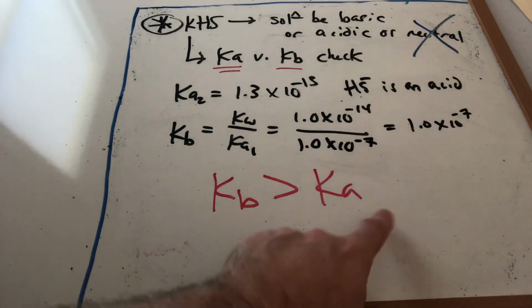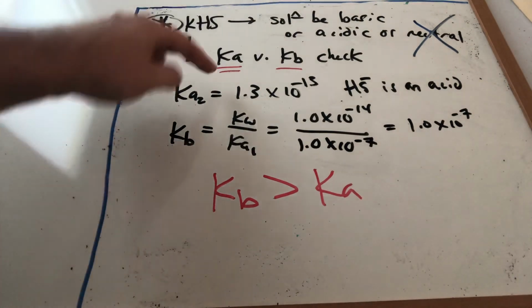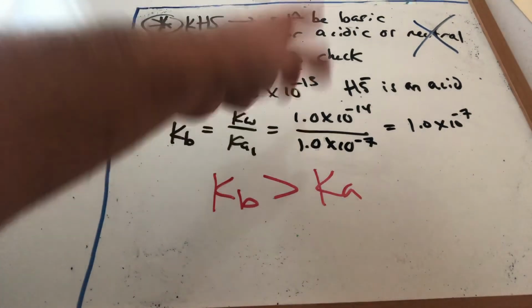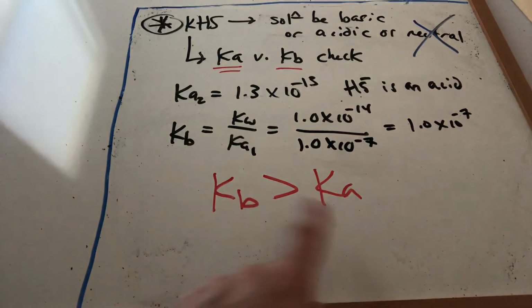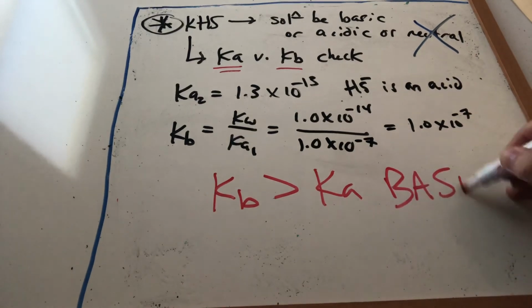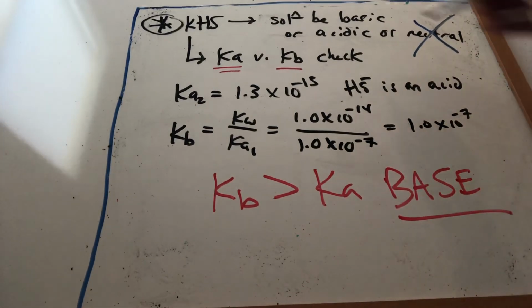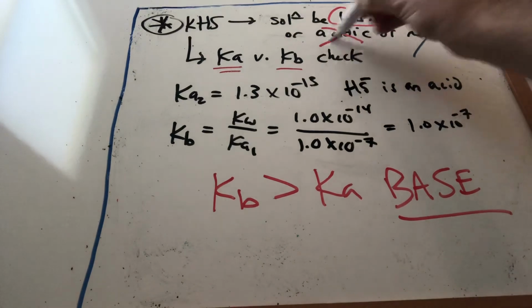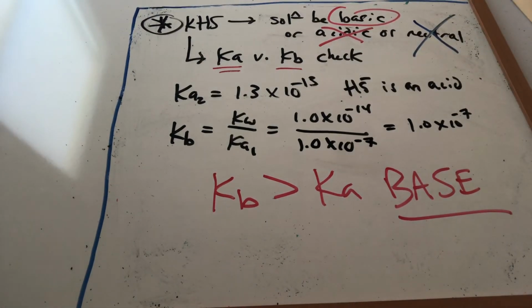You don't even have to put the subscript there. You just see the numbers. The Ka that we're looking at is 10 to the minus 13. The Kb is 10 to the minus 7. Kb is way bigger. So guess what our answer is? If Kb is bigger, then this solution is definitely a base. It's a basic solution.